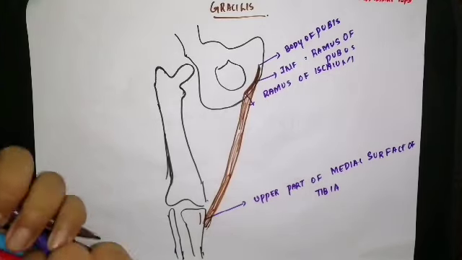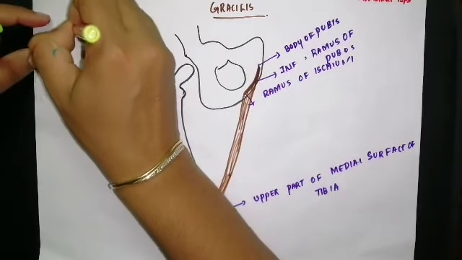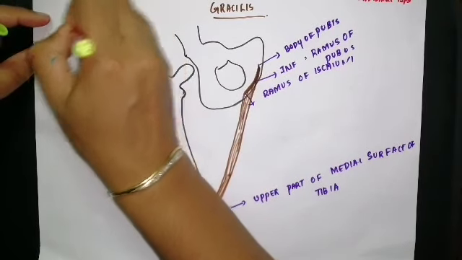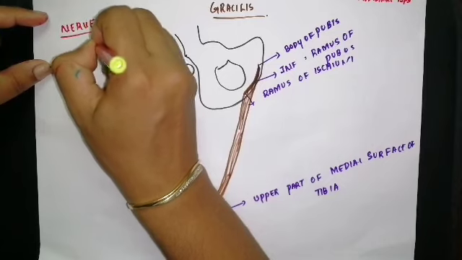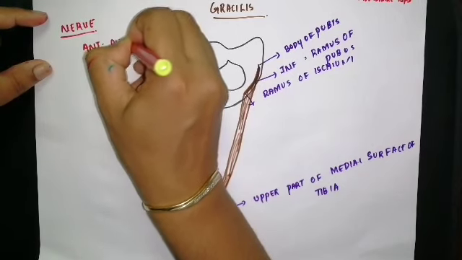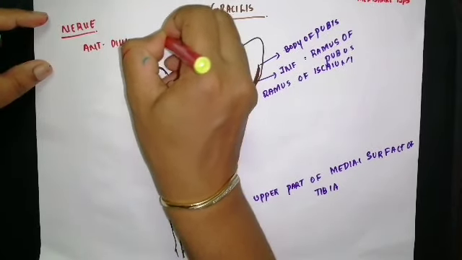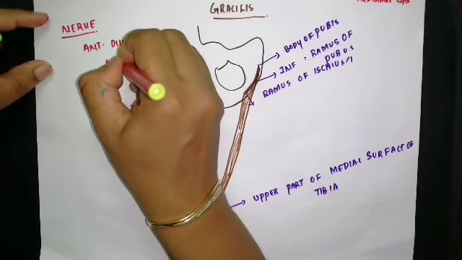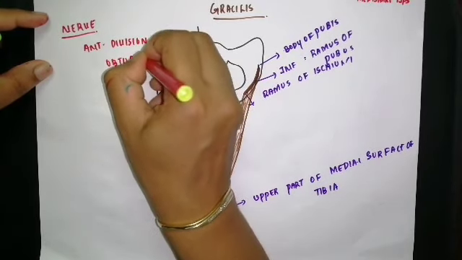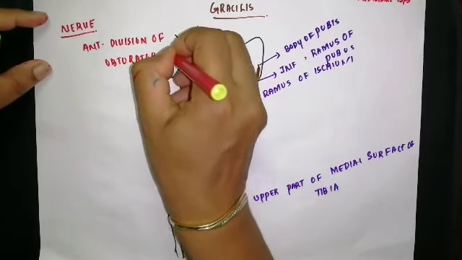So what is the nerve supply? It is also supplied by the anterior division of the obturator nerve. Now what is the action?